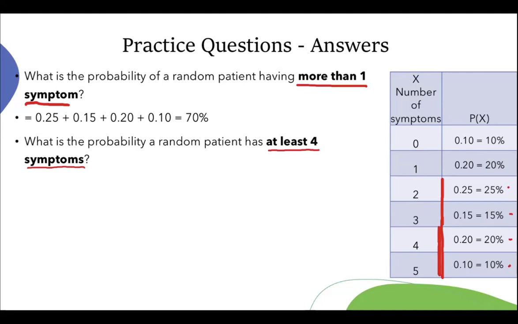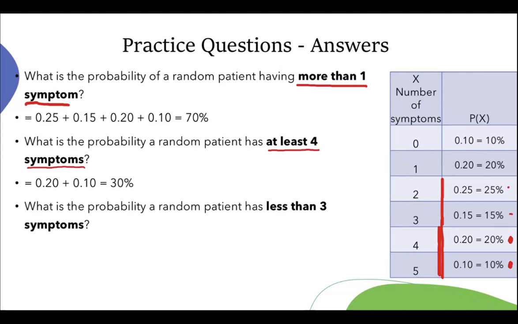We would be adding up the 2 probabilities for 4 and 5, which is 0.20 plus 0.10, which is 30%.